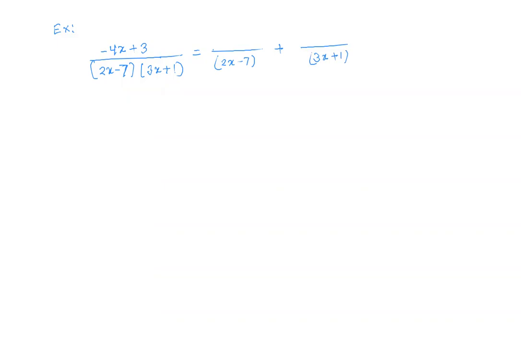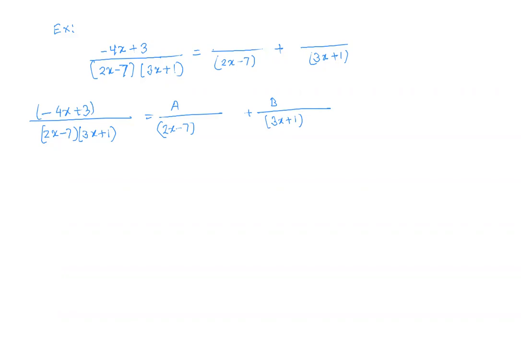So we assume negative 4x plus 3 divided by 2x minus 7 times 3x plus 1 is equal to a over 2x minus 7 plus b over 3x plus 1. Let's put it inside parentheses. Now we are going to have to multiply by something. What is that something? Can you help me out? Multiply both sides by which terms?